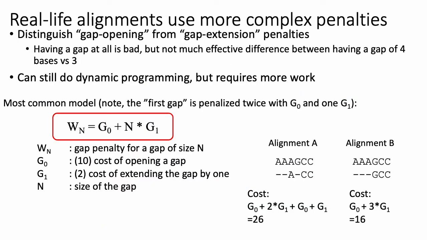It's worth pointing out, again going back to the idea of gaps, and gaps generally being uncommon in evolution, or less common than substitutions, that in real world scoring schemes for alignments, people typically distinguish the idea of a gap opening in an alignment from a gap extension. The intuition here is that introducing a gap into an alignment is bad, because indels typically happen less frequently than substitutions. But having a gap of, say, length 50 bases is not actually functionally much worse than having a gap of size 51, right?